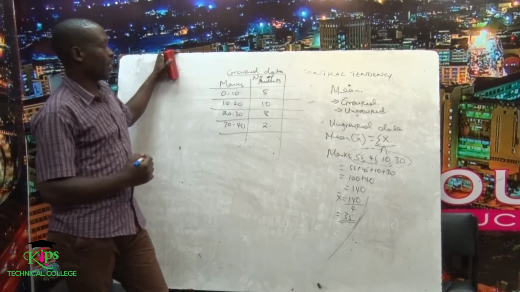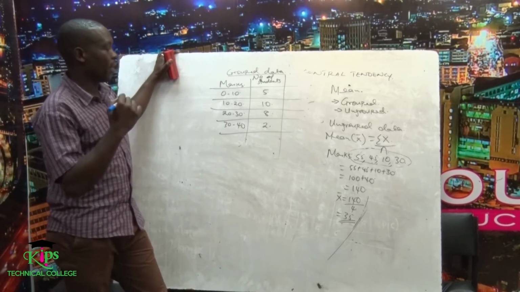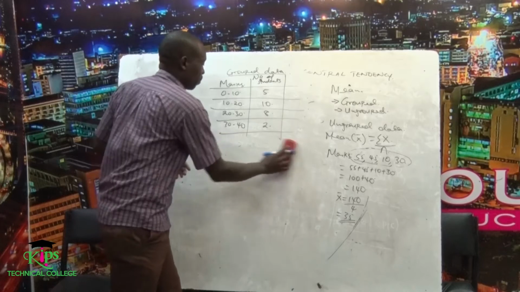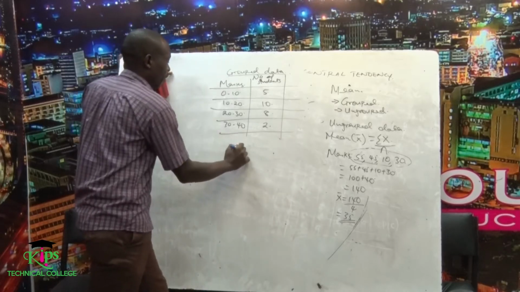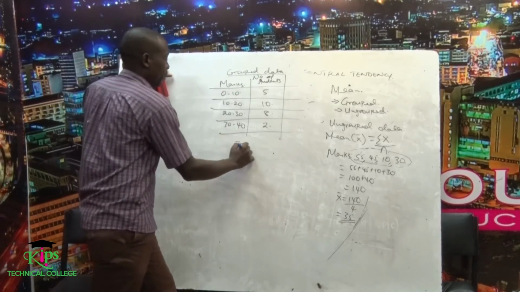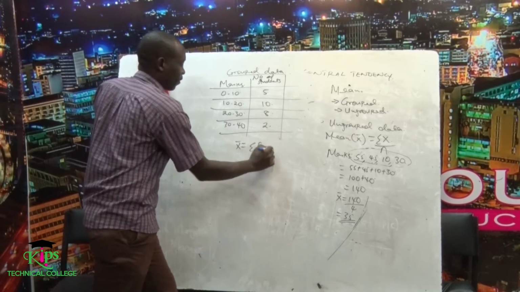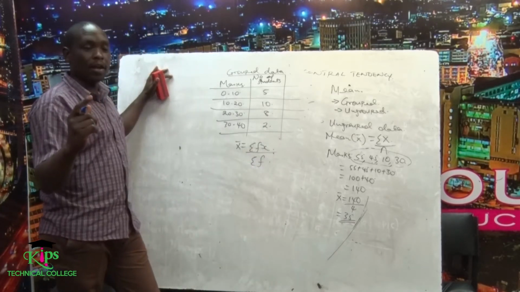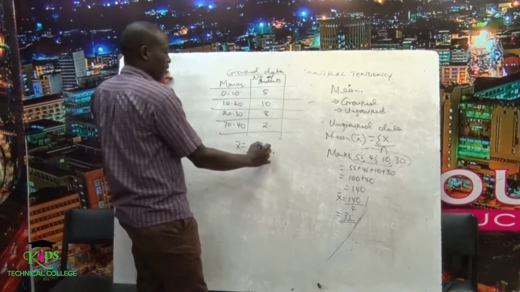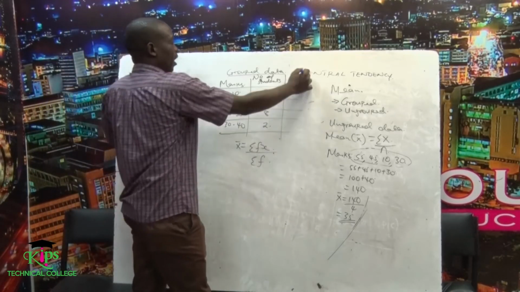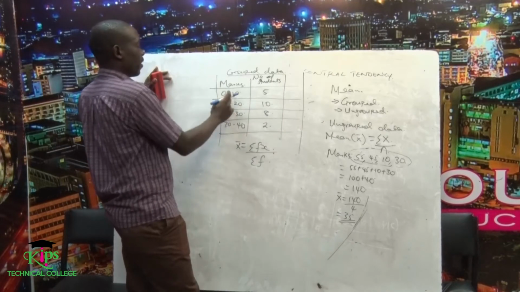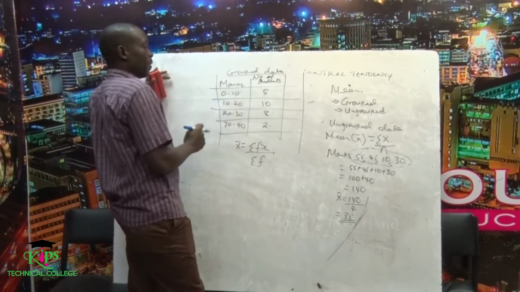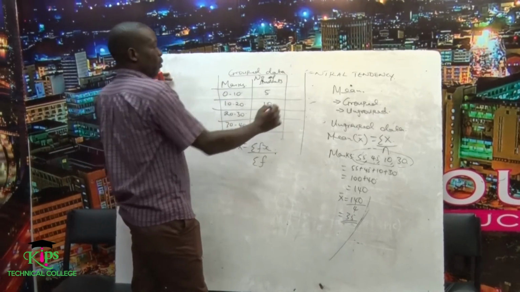In that case, if you are asked to calculate the mean, x bar will be given by the summation of fx over the summation of f. You will be required, as a student, first of all, to get the values of x, which are the midpoints of these classes.